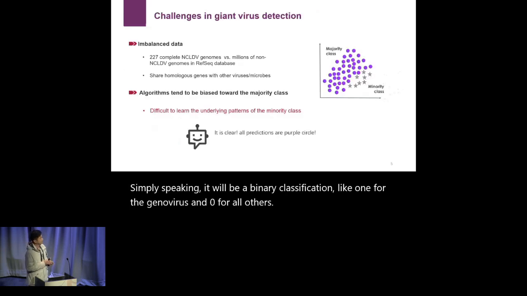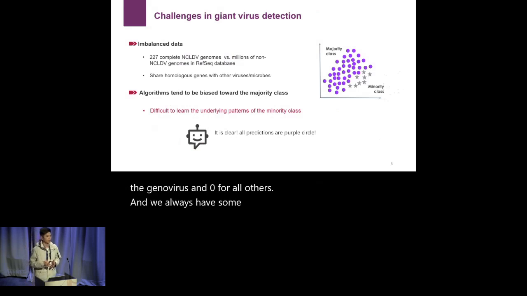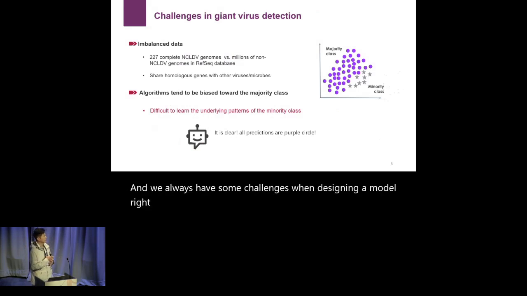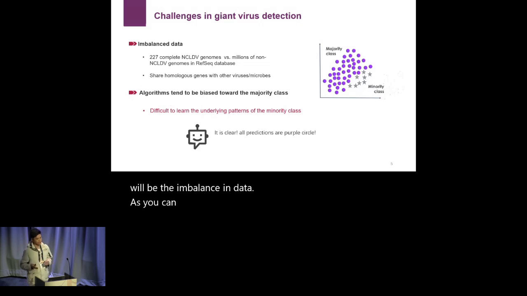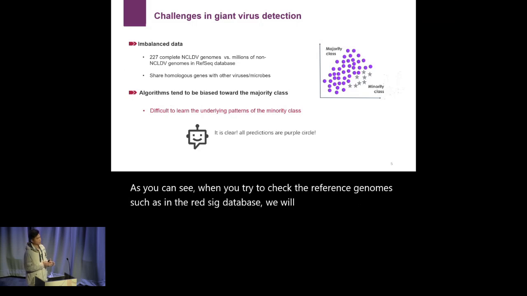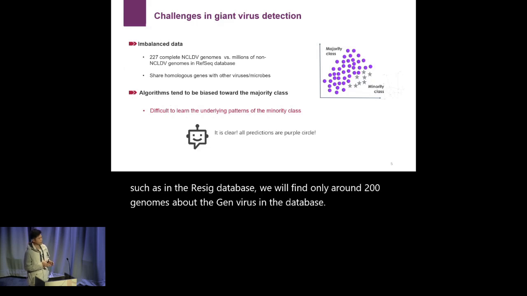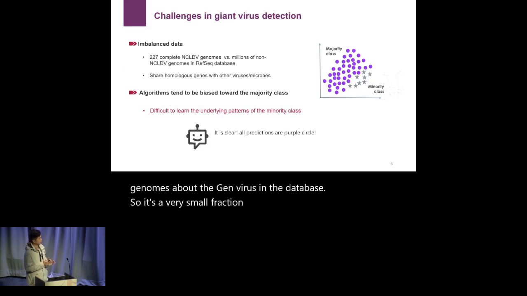And we always have some challenges when designing a model, right? In giant virus detection, the main problem is the imbalance in data. As you can see, when you check the reference genomes, such as in the RefSeq database, we found only around 200 genomes of giant viruses in the database. So it's a very small fraction of all other microbes and all other viruses.